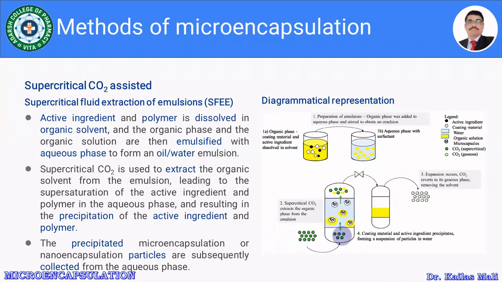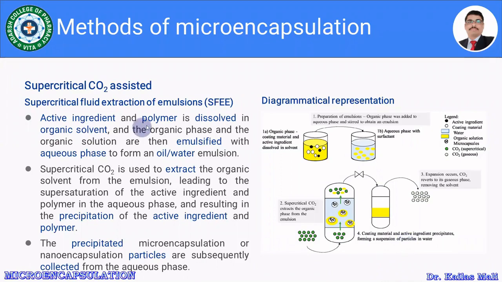Supercritical carbon dioxide extracts the organic phase from the system, and thereby there is a formation of the microparticles or microcapsules. In the fourth step, the coating material and active ingredient get precipitated, forming a suspension of particles in the water. Furthermore, we filter this solution and collect the microparticles.